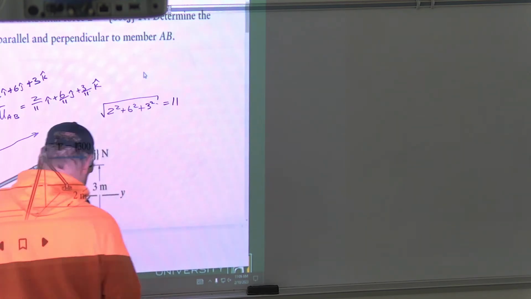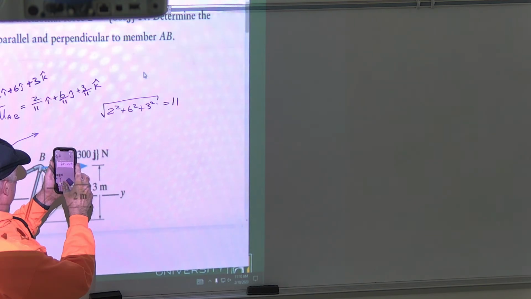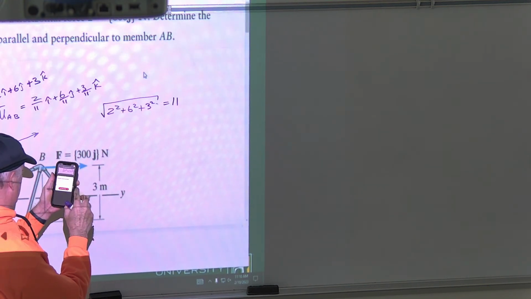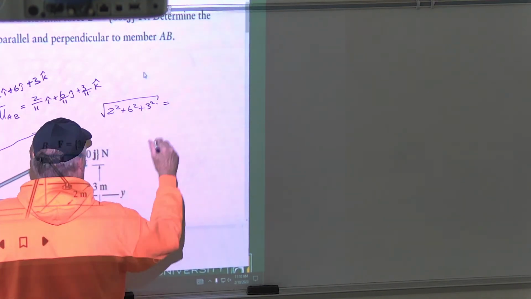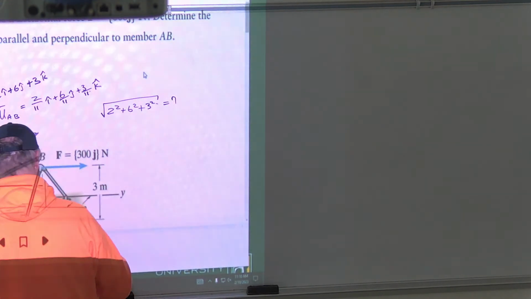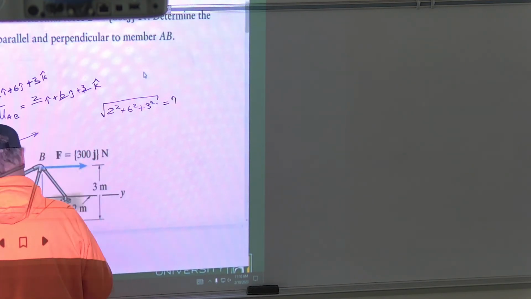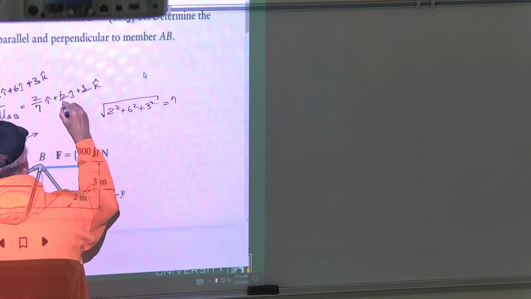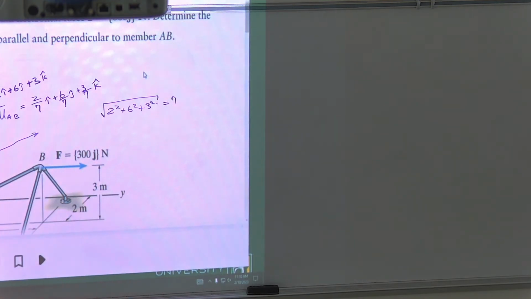Okay, so what does that end up being? It doesn't end up being 11. Let's see if we get out of that. Well, it gave me 7. That still doesn't end up giving me an integer there. Shoot.